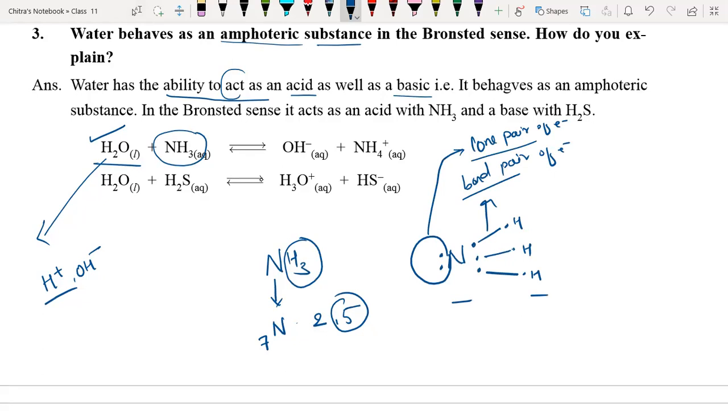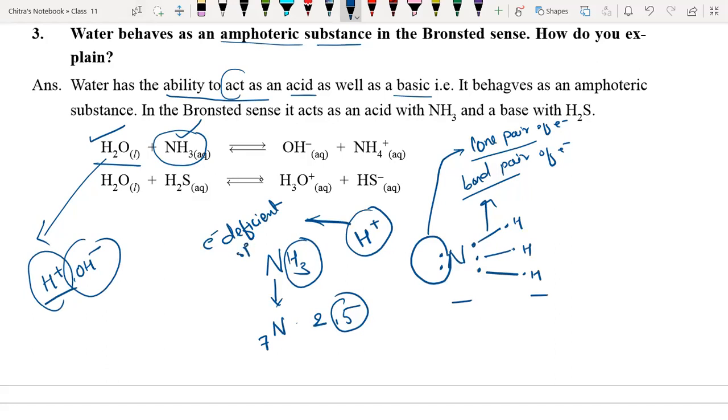In the presence of ammonia, the water molecule undergoes dissociation to form H positive ion and OH negative ion. The H positive ion, that means hydrogen, is an electron deficient chemical species. So that hydrogen will approach nitrogen for electrons, because nitrogen has a lone pair of electrons.